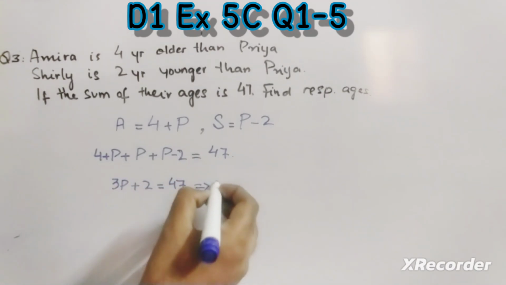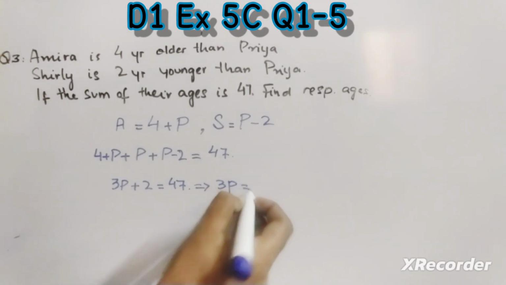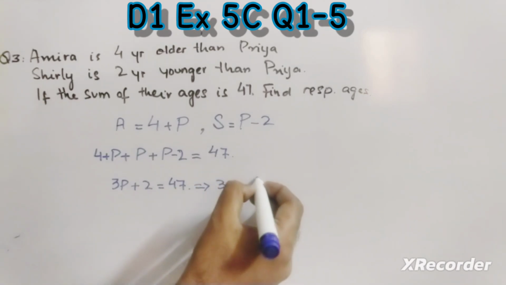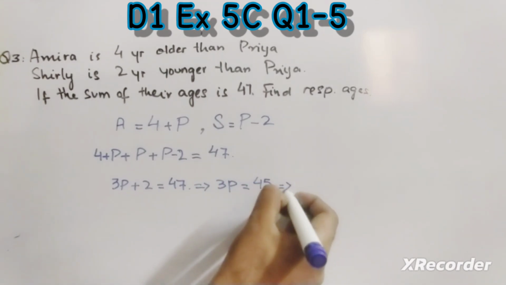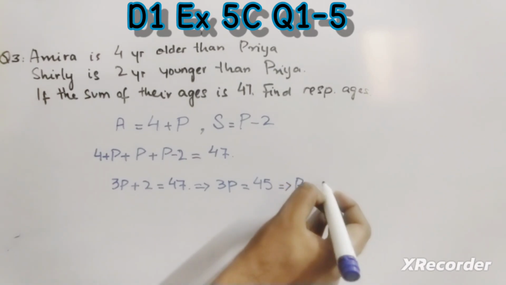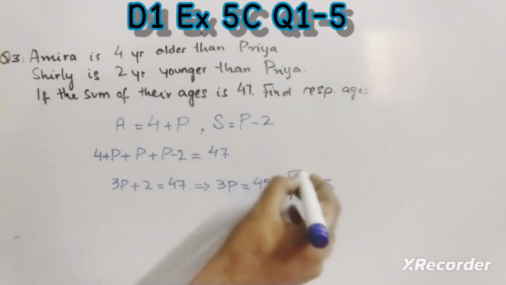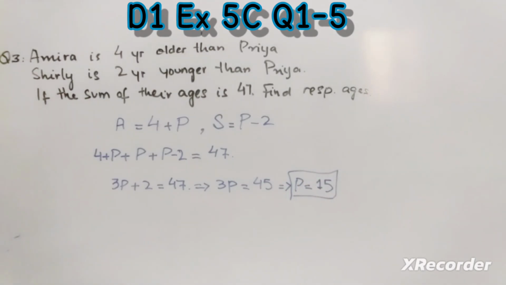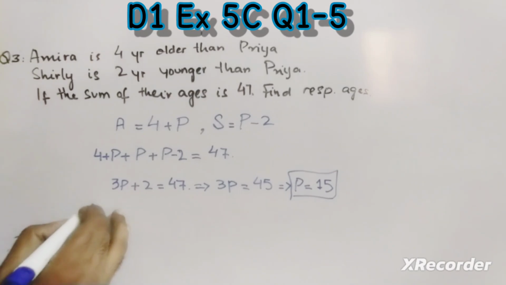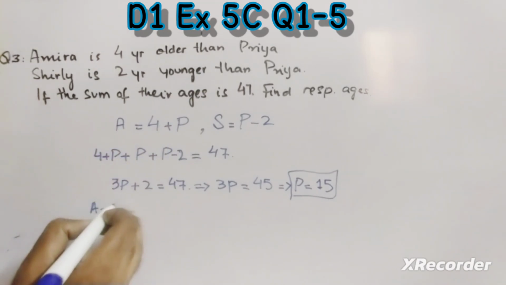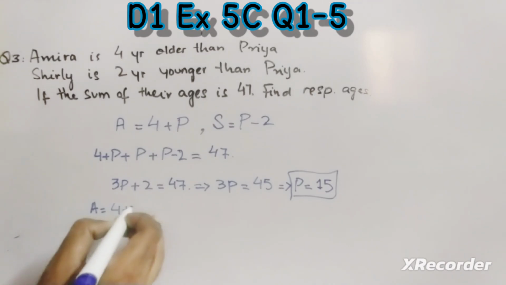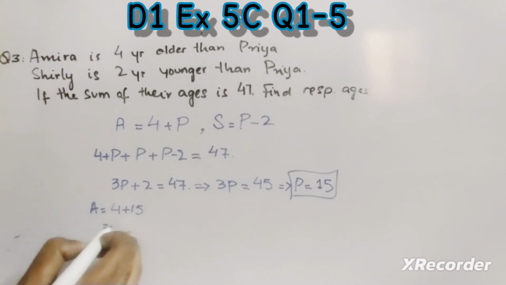And 3P is equal to 45, and our P will be 45 upon 3, that is 15. So the age of Priya is found to be 15, that is our answer. Now for the age of Amira we put 4 plus P, 4 plus 15, that is 19.